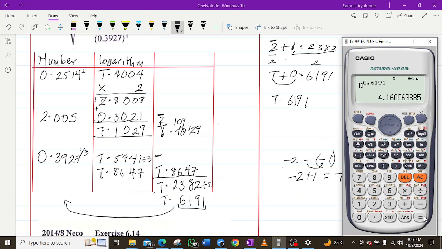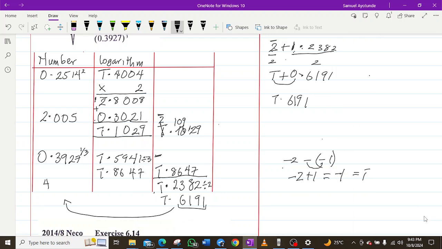So I write my answer 4.1601, then times 10 raised to power the whole number here, which is minus 1. So in ordinary form, it will be 0.4160. That's our anti-logarithm value, 0.4160.